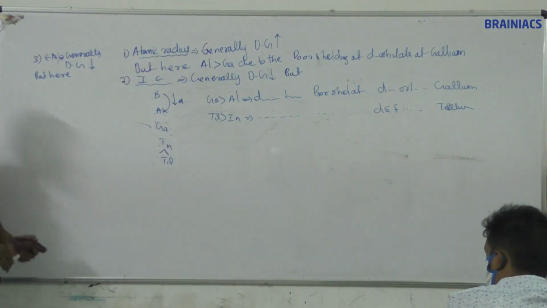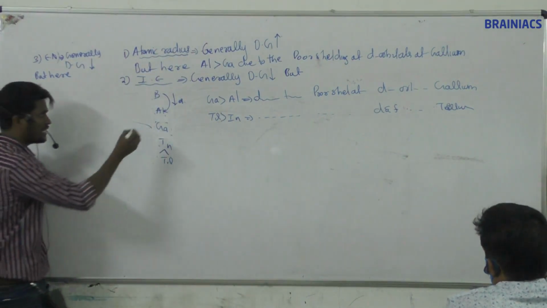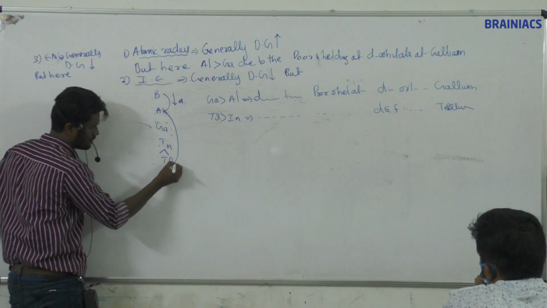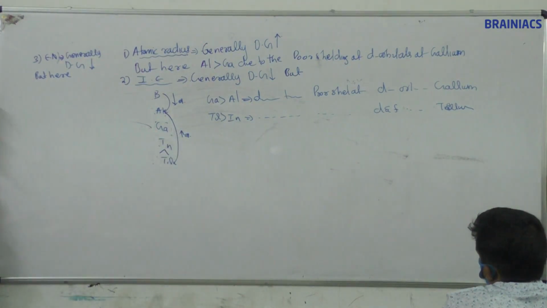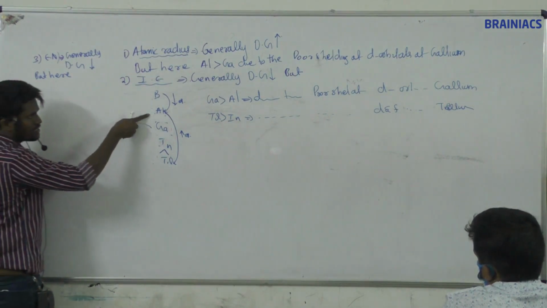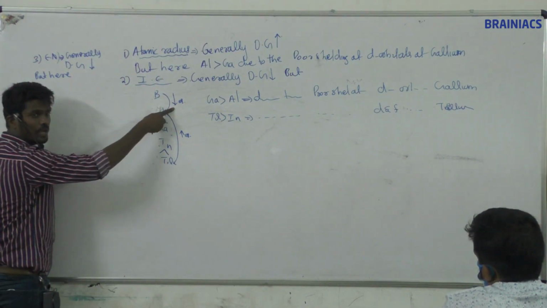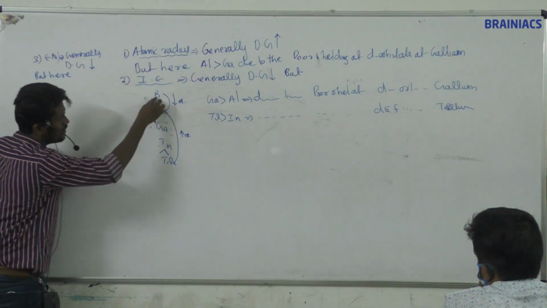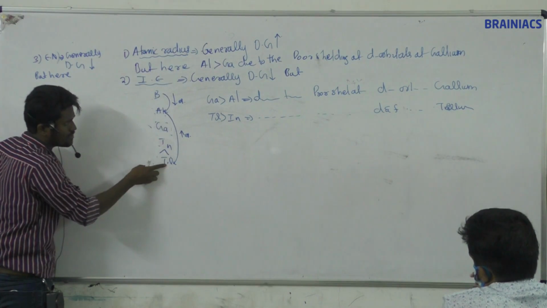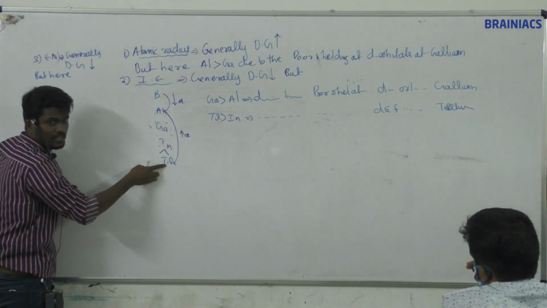Okay, boron to aluminum decreases, then it increases. So what is the behavior of electronegativity in the boron family? It decreases up to aluminum, then it increases. After boron, the most electronegative element is thallium.